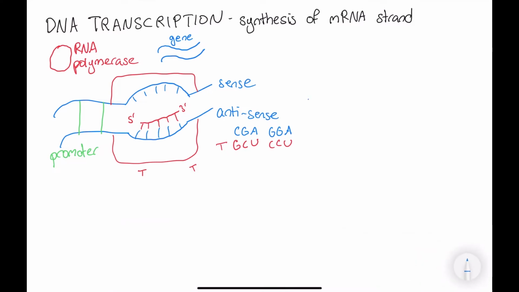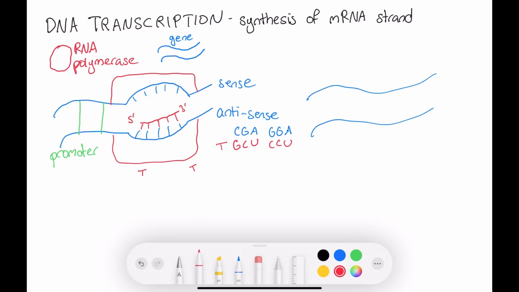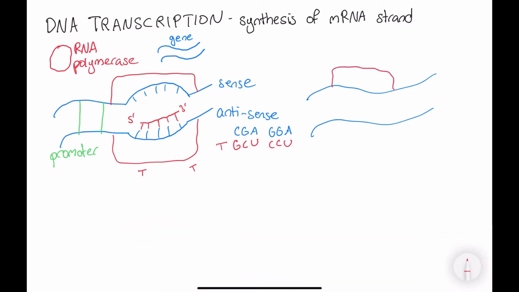Then the polymerase continues along the gene and continues this process of unzipping and synthesizing mRNA. Again, always remembering the 5' to 3' direction.